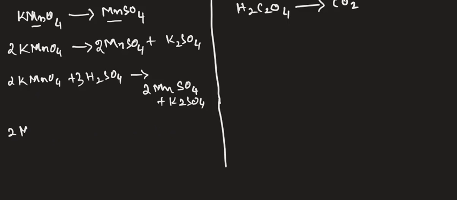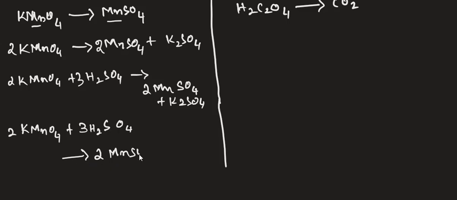So 2 KMnO4 plus 3H2C2O4 H2SO4 gives 2MnSO4 and K2SO4.